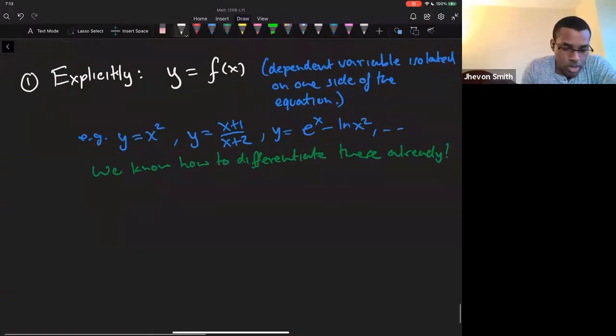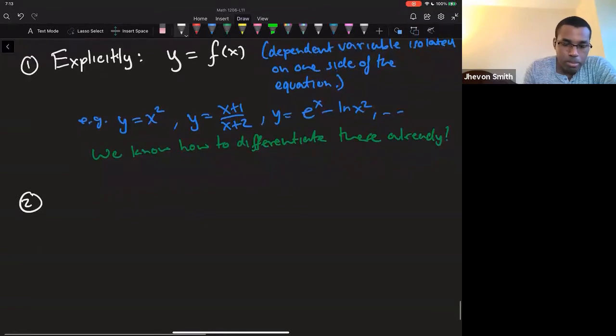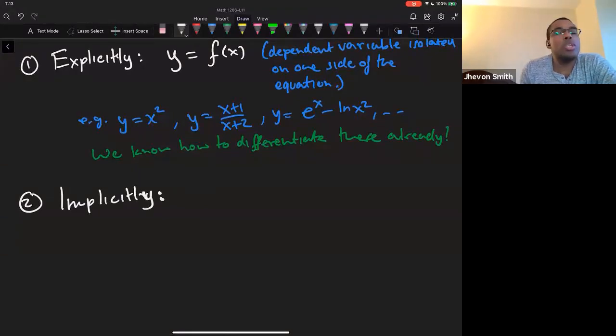But there's another way to define functions, and this is called defining a function implicitly. So this is when you don't have the dependent variable isolated on one side. It's like you would have a function of two variables equals a constant.